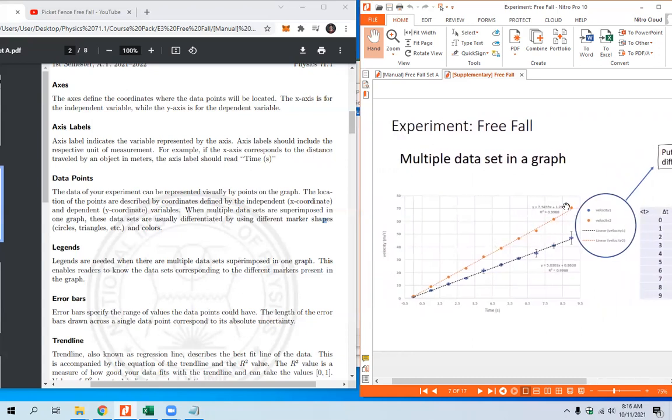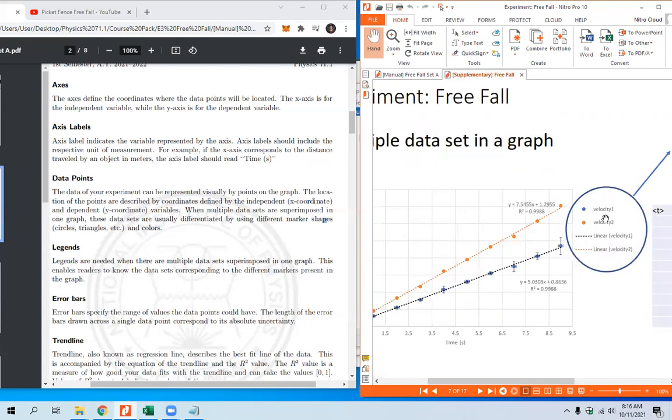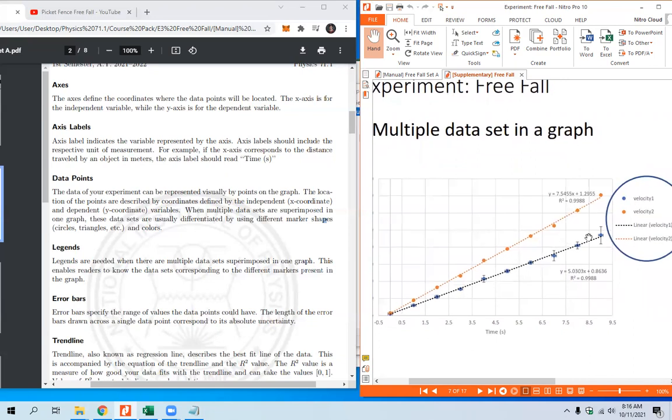Meron akong dalawang velocity na ginraph and my legend says velocity 1, dataset of velocity 1 is represented by my blue dots. And another velocity, velocity 2, na isa pang separate dataset, is represented by my orange dots. So magkaibang datasets ito at may kanyang corresponding symbols ito. Again, this is for clarity's sake para madali siyang mabasa. And you can represent your data in a proper manner.